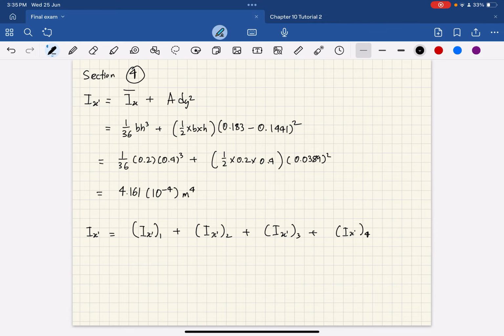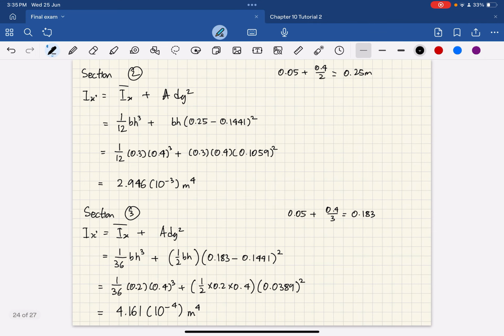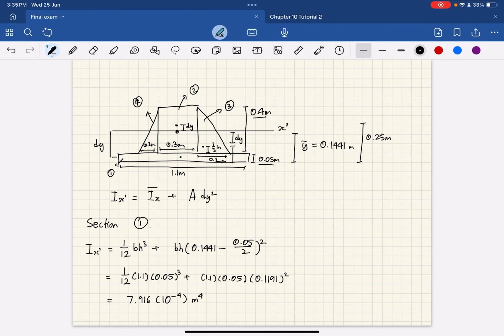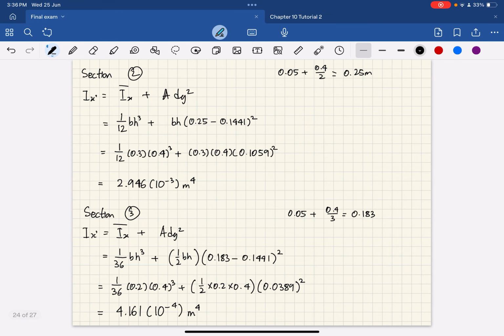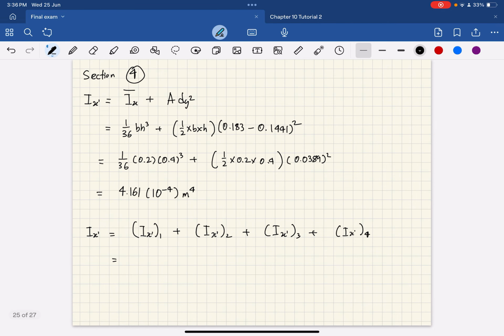If you add them up, I believe you should get about 7.916 times 10 to the power negative 4 plus 2.946 times 10 to the power negative 3 plus 4.161 times 10 to the power negative 4 plus 4.161 times 10 to the power negative 4.